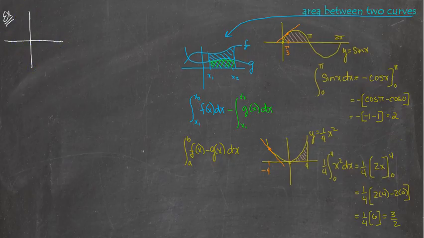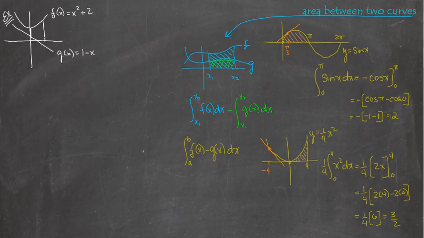It's bounded by the curve x squared plus 2, and the line at 1 minus x, and x equals 0, or the y-axis, and x equals 1.